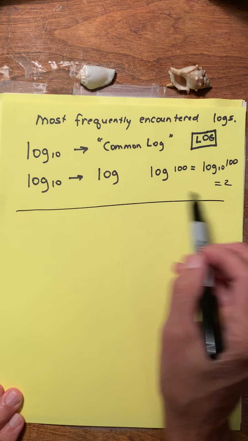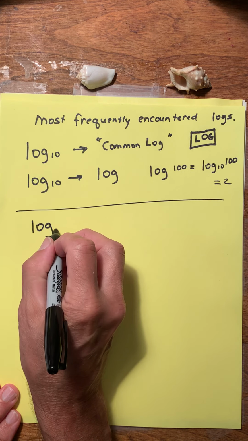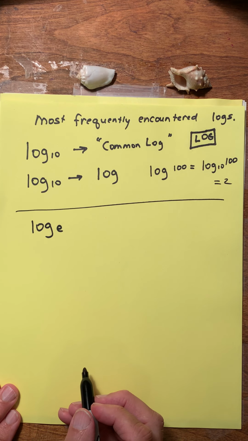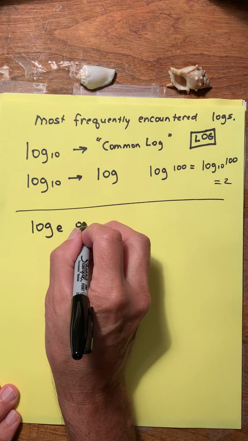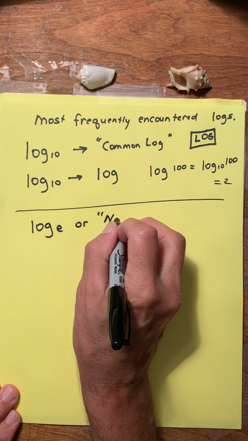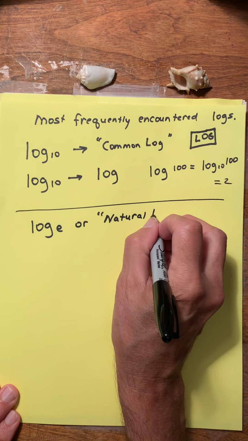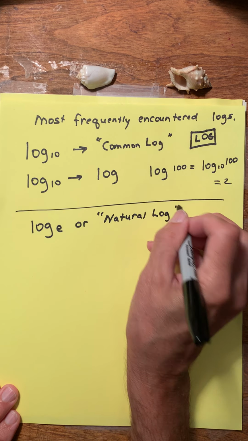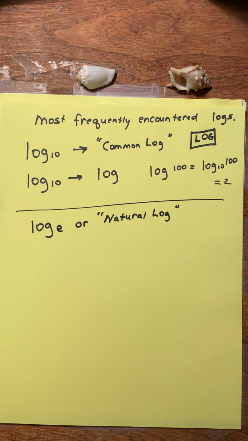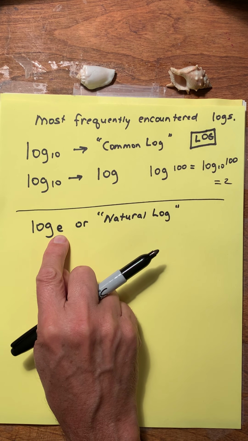There is another frequently encountered log, and that is log base e. That is called the natural log. It's called the natural log because this number e is an irrational number just like pi.